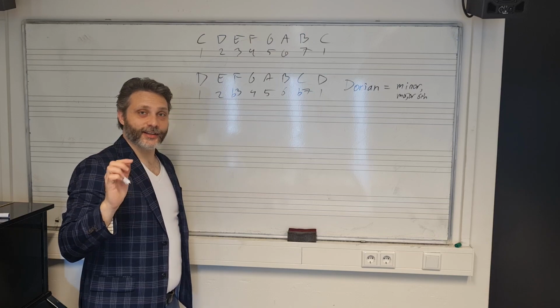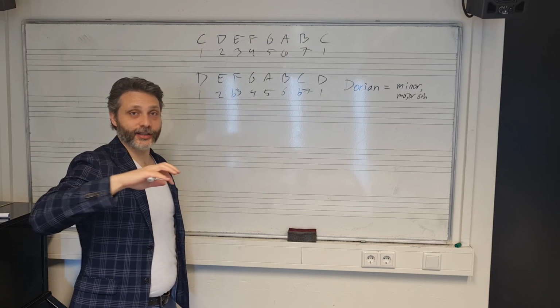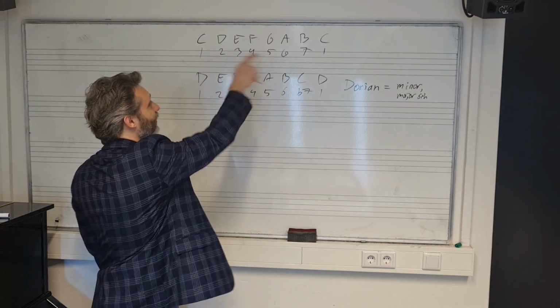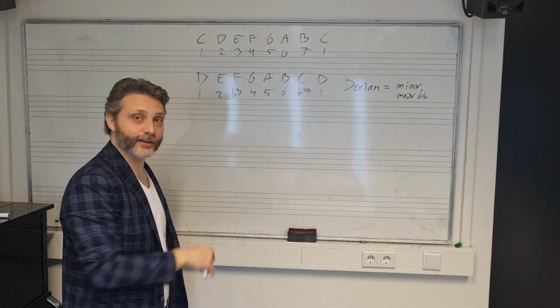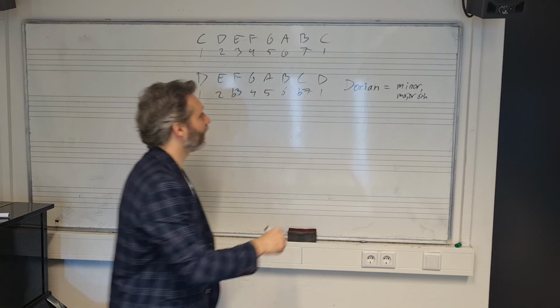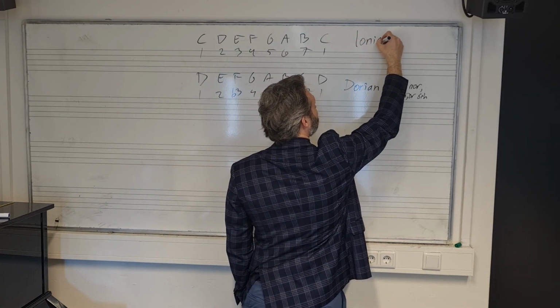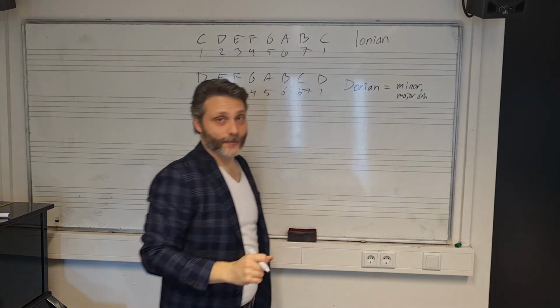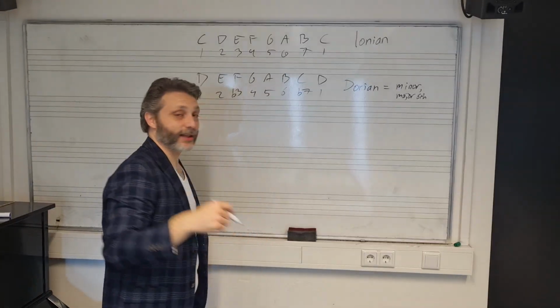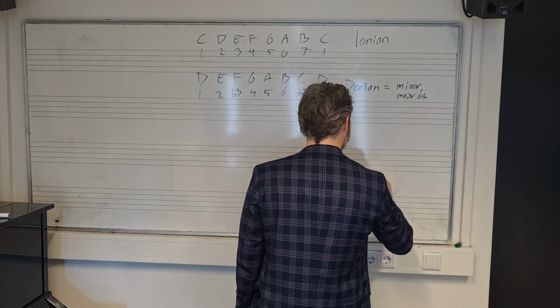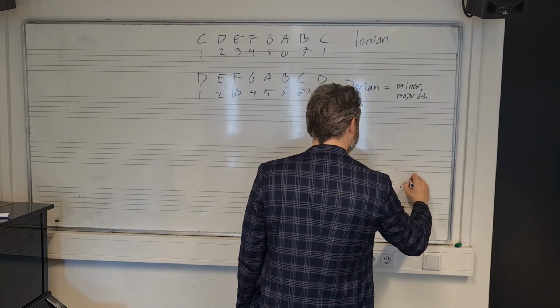We can take other scales from the C major scale. One we've already learned, minor. If we go from A to A, so if A sounds like the one, we're talking about A minor. However, major has a different name, and minor has a different name as well. It will be Aeolian.